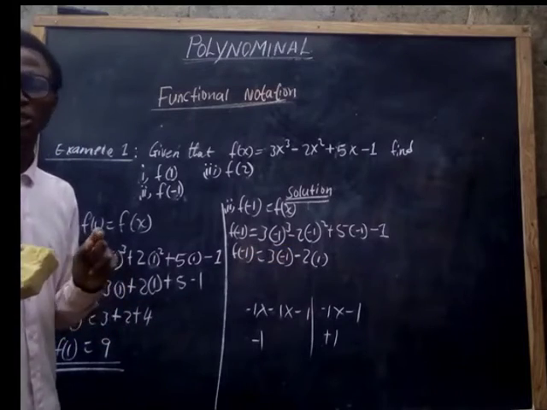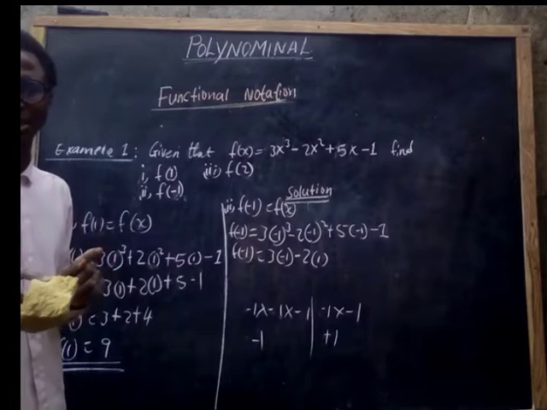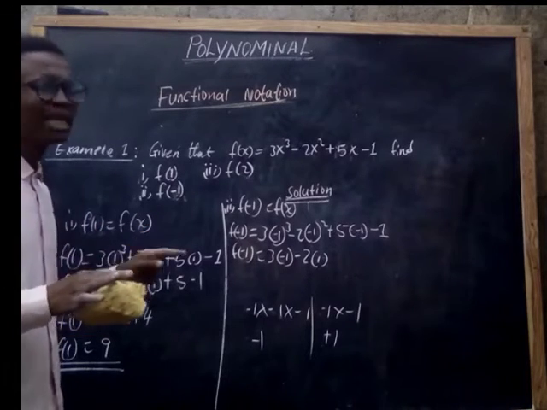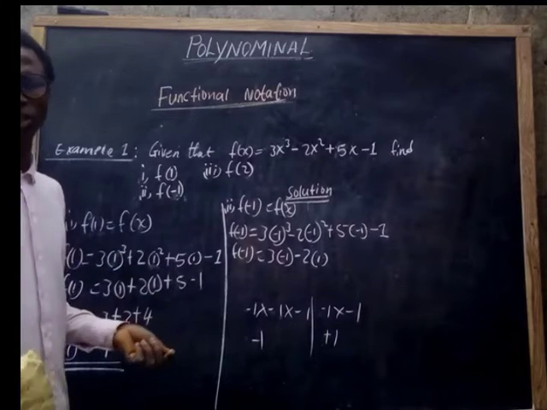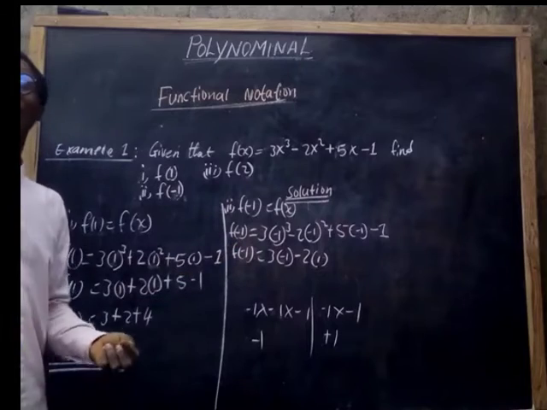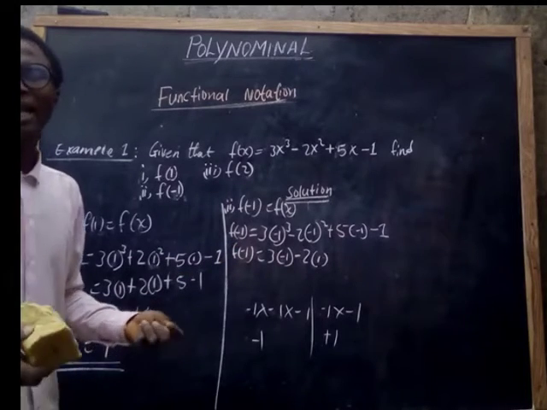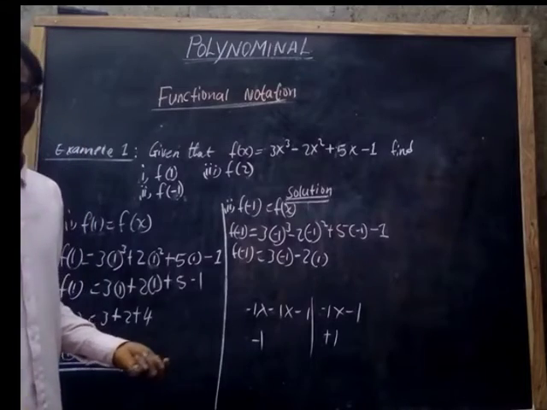So anytime you square a negative sign, in other words, a negative with a power of 2, it will always become positive. And anytime you cube a negative sign, it will just remain negative. Just know this concept. Right?